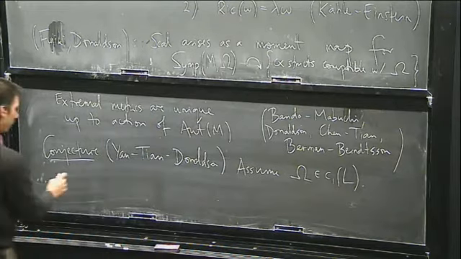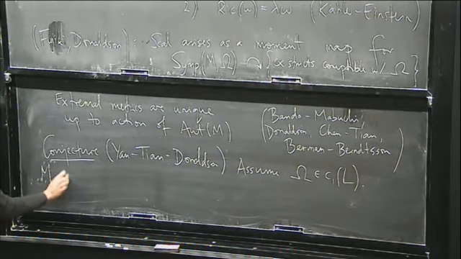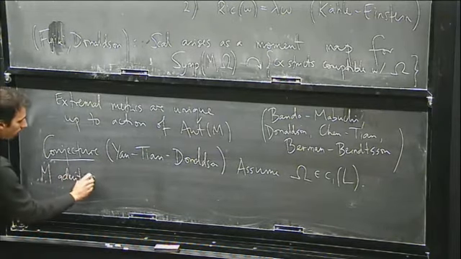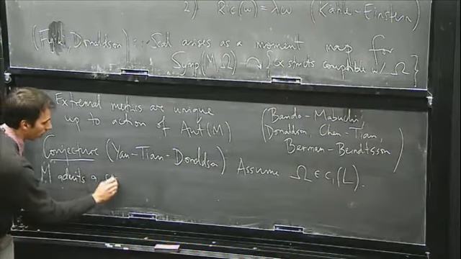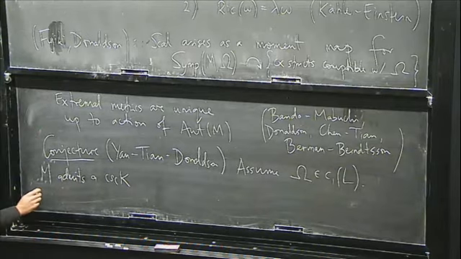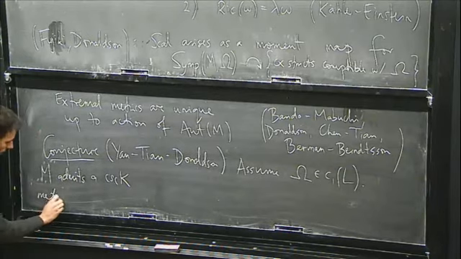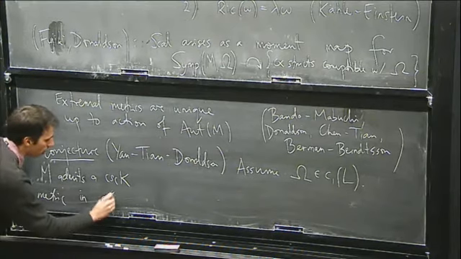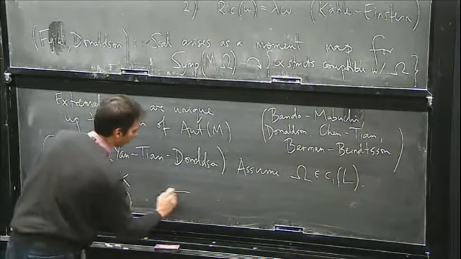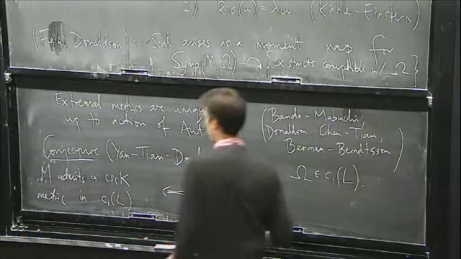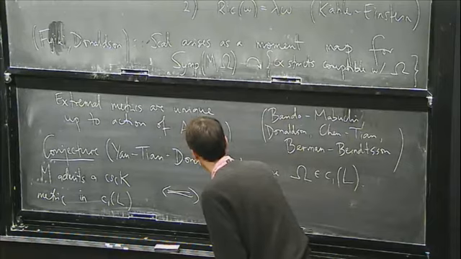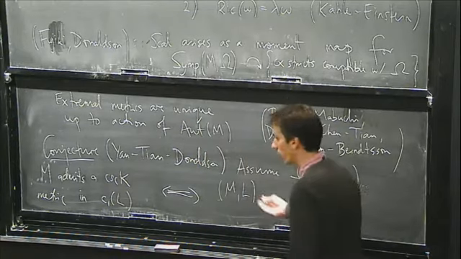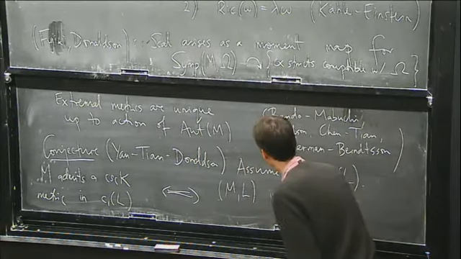And then in this case, M admits, so let me state it for CSCK metrics. The conjecture is that M admits a CSCK metric in this class if and only if the pair, this projective variety, is what is called K-stable.